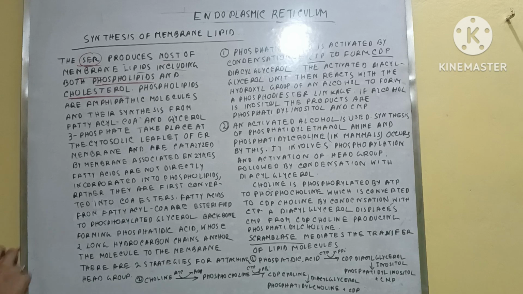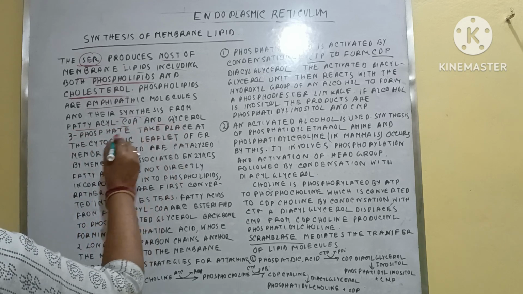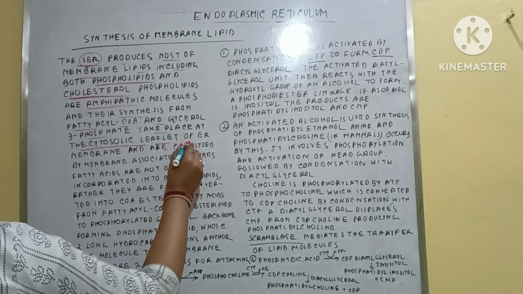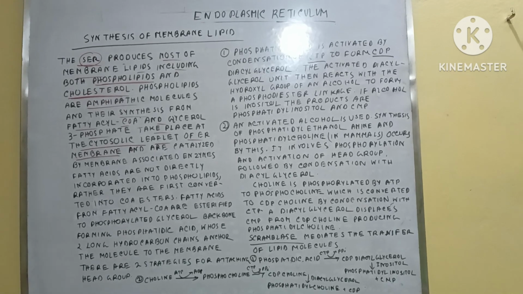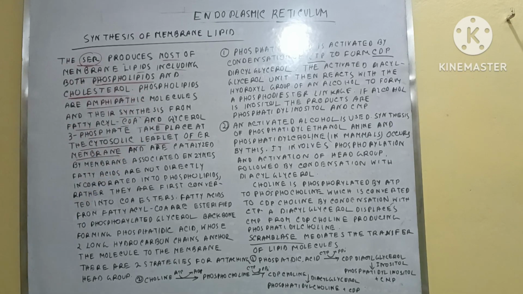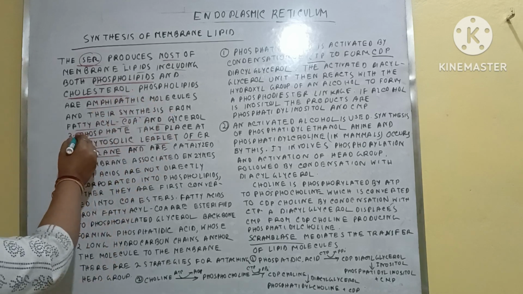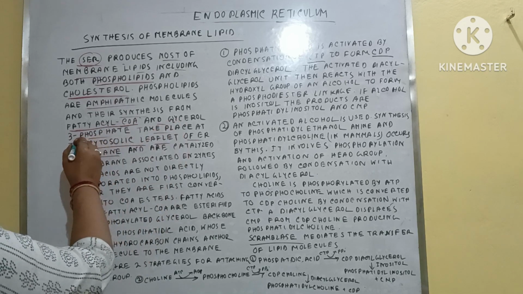And these phospholipids are amphipathic molecules, and their synthesis from fatty acyl CoA and glycerol 3-phosphate takes place at the cytosolic leaflet of the ER membrane. So these phospholipids, the amphipathic molecules, are synthesized from fatty acyl CoA and glycerol 3-phosphate.